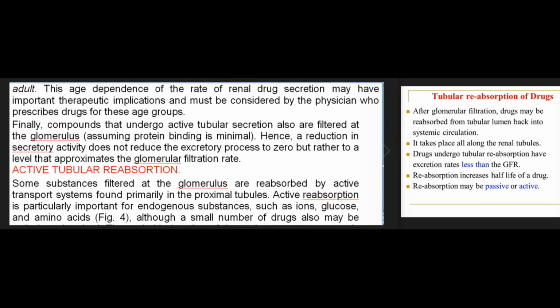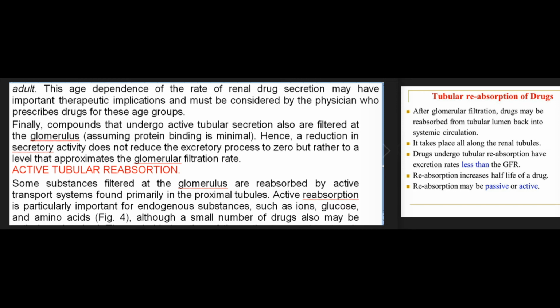This age dependence of the rate of renal drug secretion may have important therapeutic implications and must be considered by the physician who prescribes drugs for these age groups. Finally, compounds that undergo active tubular secretion also are filtered at the glomerulus, assuming protein binding is minimal. Hence, a reduction in secretory activity does not reduce the excretory process to zero but rather to a level that approximates the glomerular filtration rate.